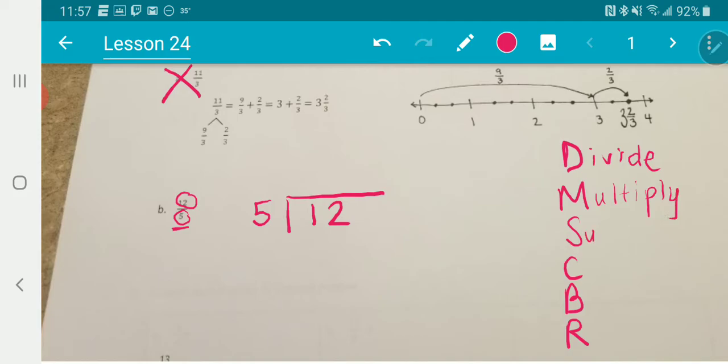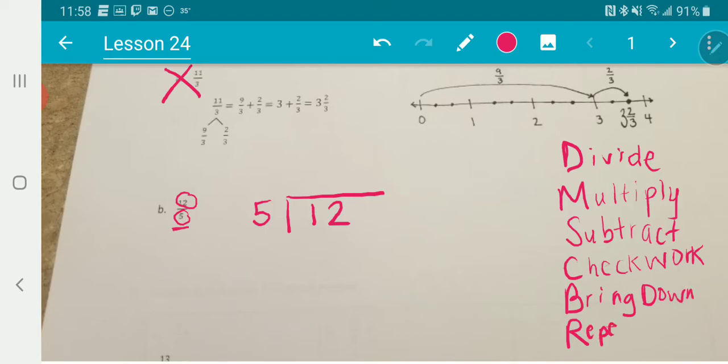The S stands for subtract. The C stands for check your work, just to make sure everything's correct. The B stands for bring down. And the R stands for repeat, or it can stand for remainder.